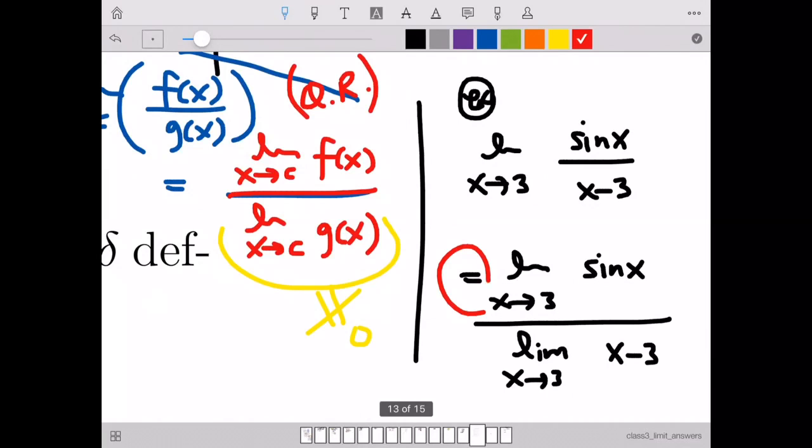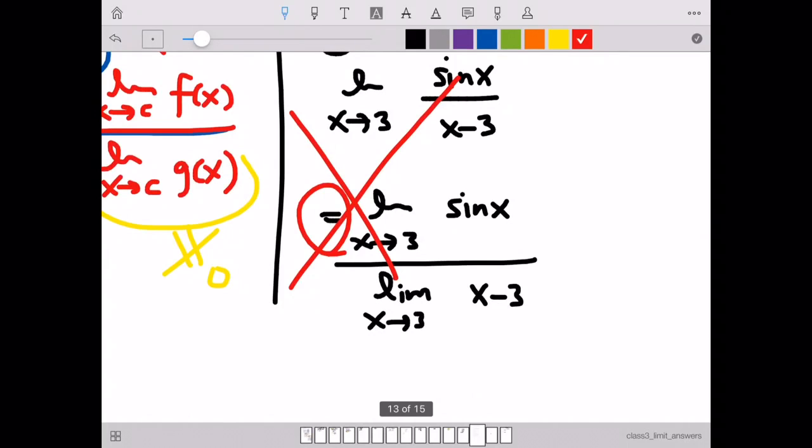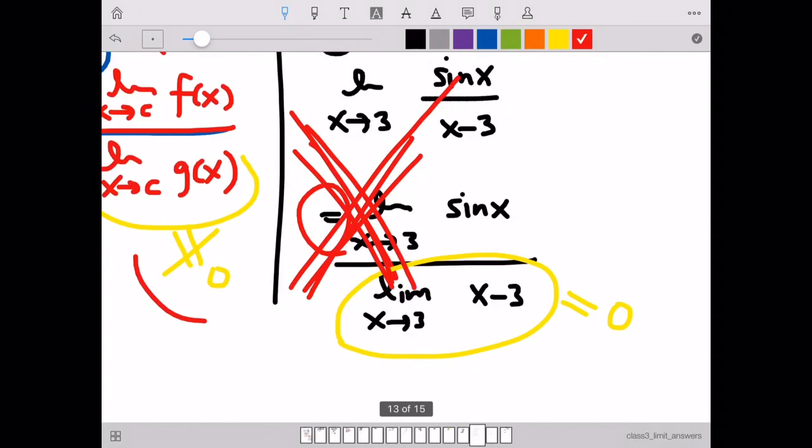Is this right? No, that's wrong. Why is this wrong? We cannot apply the limit law because as x approaches 3, the denominator x minus 3 goes to 0. So doing it this way is very, very wrong. That's incorrect. So we have to make sure that the denominator is not 0.